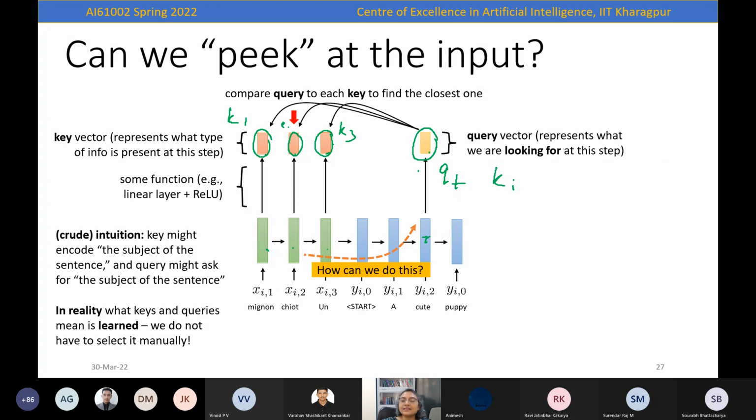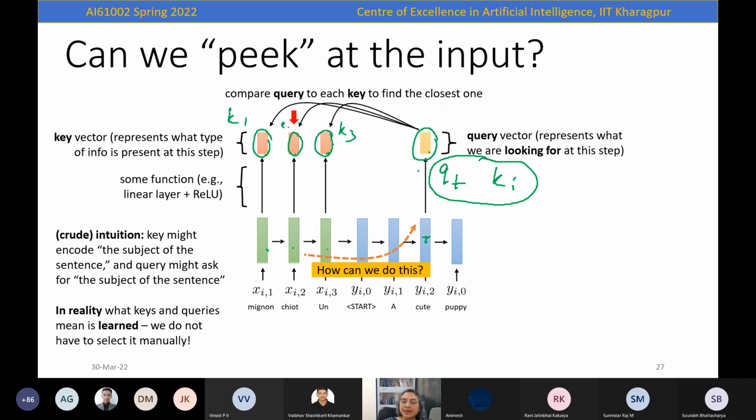Based on the similarity of qt and ki, we decide how much importance we will give to the ith encoder state. We can use a similarity function such as dot product qt.ki, which tells me how much we should focus on the ith encoder state.